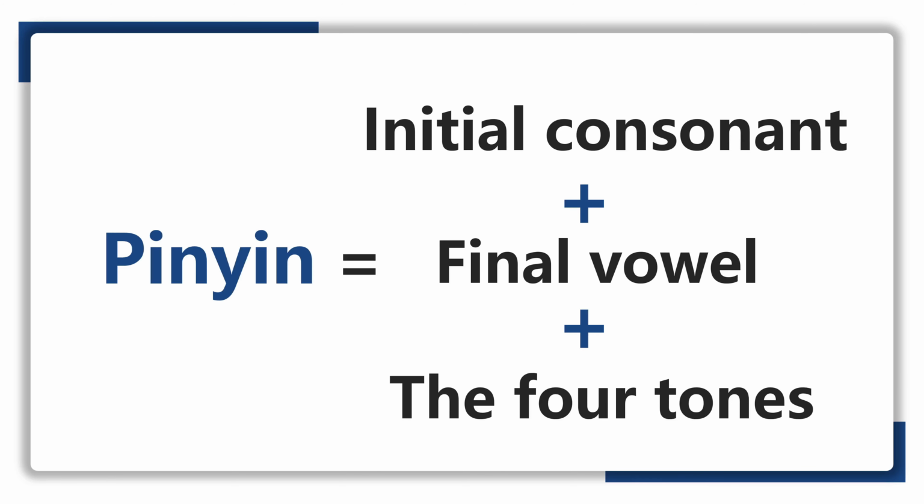Initial consonants and final vowels are the basic building blocks, and tones are the key to making the blocks come alive. Practice monosyllables and word formation several times, then try to mark pinyin for the things around you, such as apples, little cats, friends, and so on. And gradually, you will become more and more proficient.